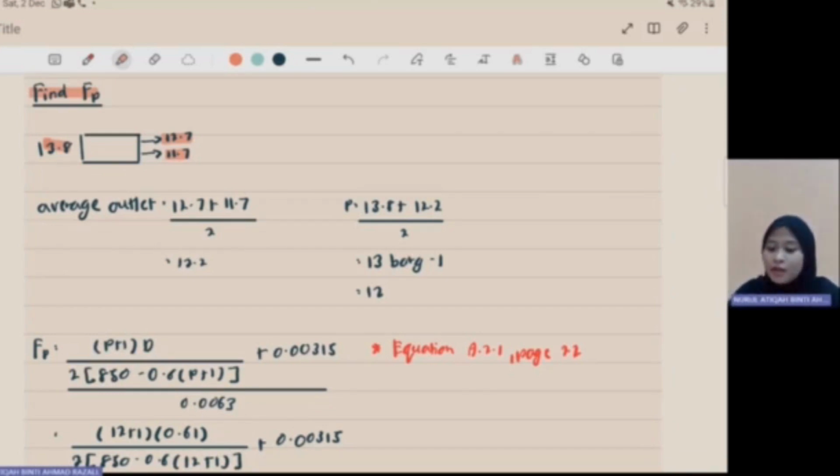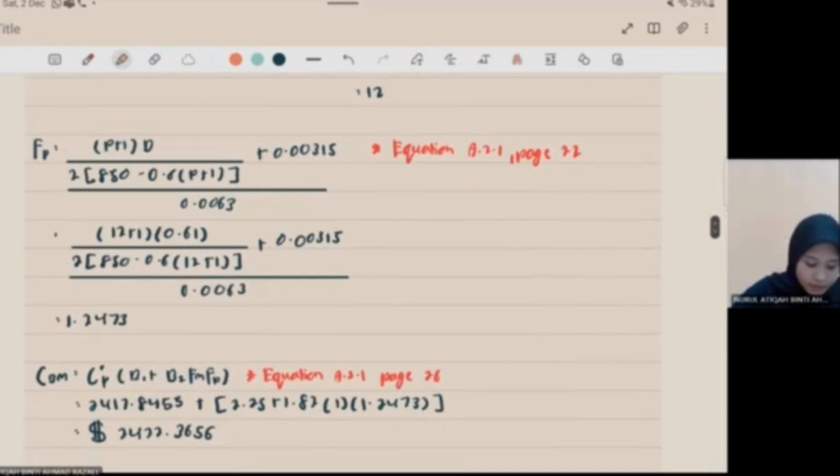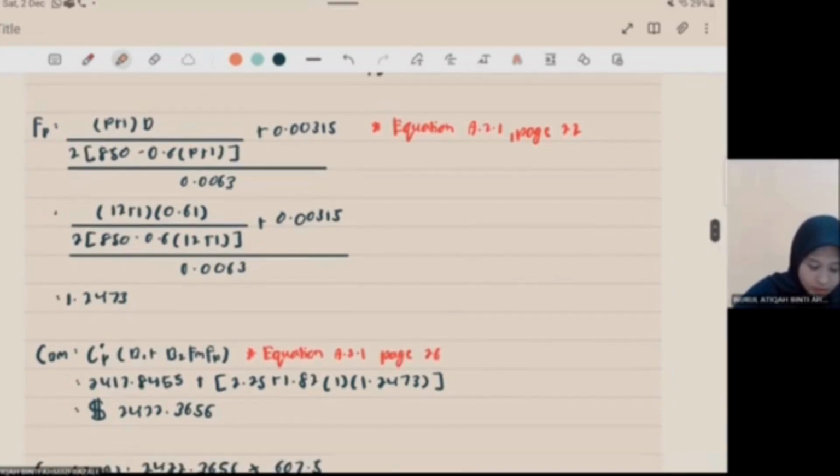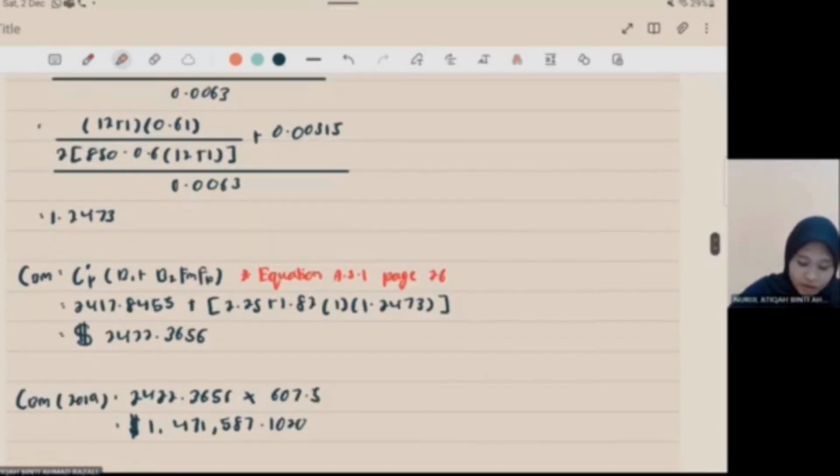Then we add that to the pressure entering, divided by 2, to get the value of P. Then we find the value of FP from equation A.2.1, which is on page 22 of the handbook, and the answer is 1.2473.